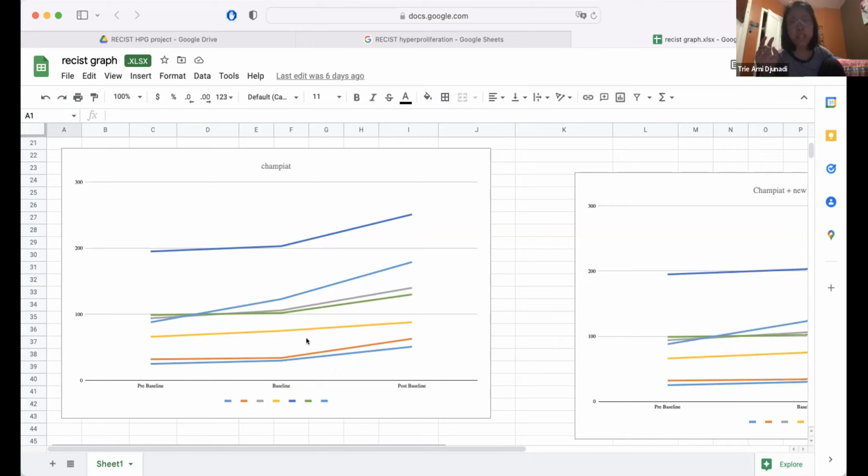That's why we're thinking, should we add the new lesions to the total sum, so it will show more progression in this graph? So that's kind of the thought. Mhm, yeah, I think you know the problem now. Right.